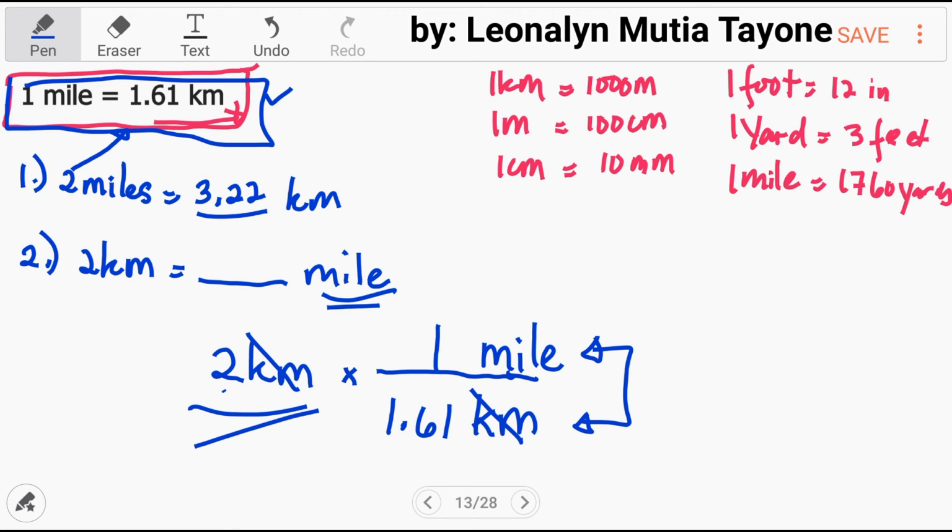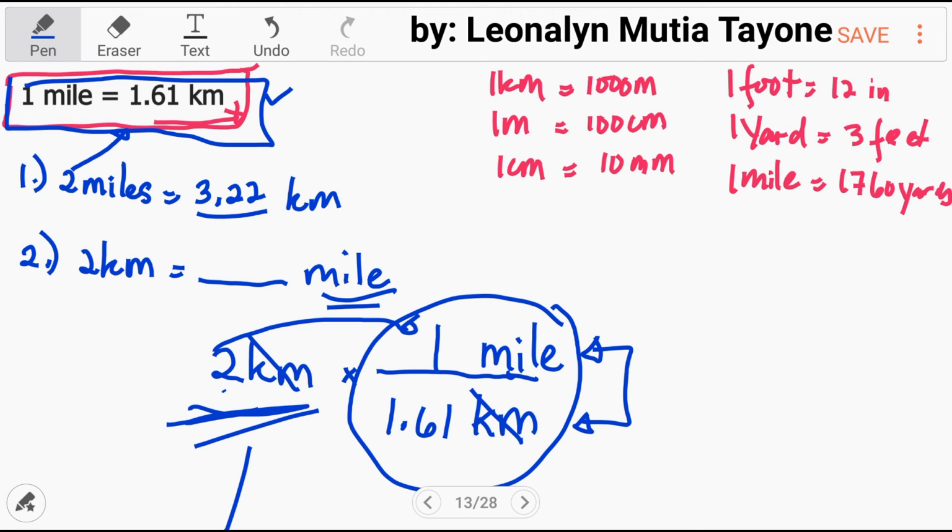So, 2 kilometers, i-multiply natin ng paganito para ma-cancel out si kilometer. Now, numerator to numerator, always remember kapag whole numbers, automatic meron yang 1 as denominator. So, kung whole number lang yan siya, doon siya sa numerator natin i-multiply. So, 2 times 1 is equals to 2.